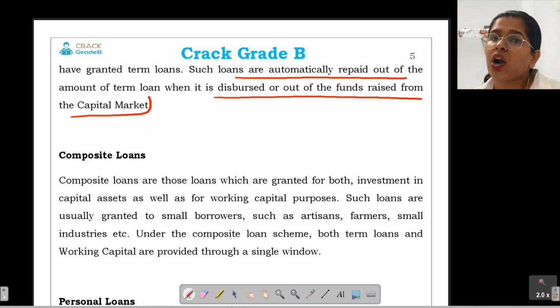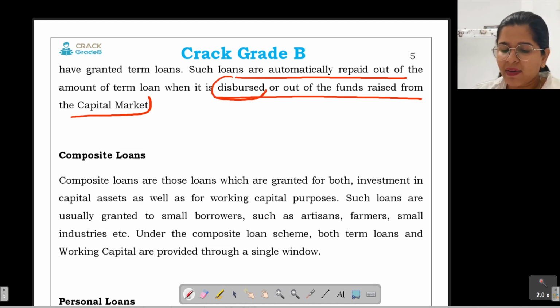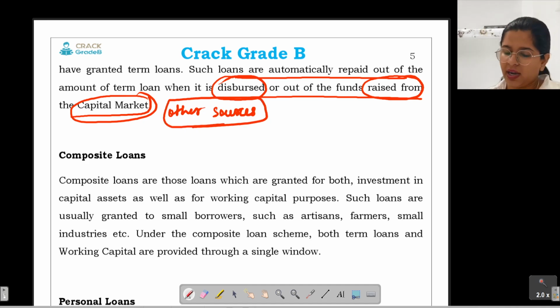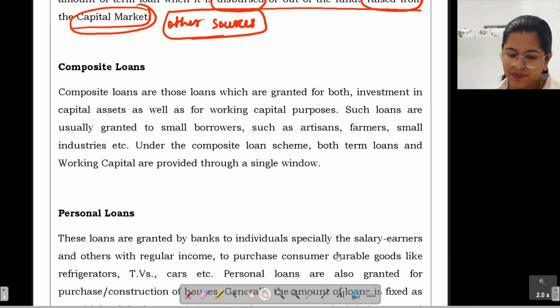So for your short-term needs, your loan account would be topped up with the bridge loans, right? And whenever you have received the funds from elsewhere, either you have received the big term loan or you have been able to raise the funds from the capital market, that means you have raised the funds from other sources, then that is called the bridge loans.